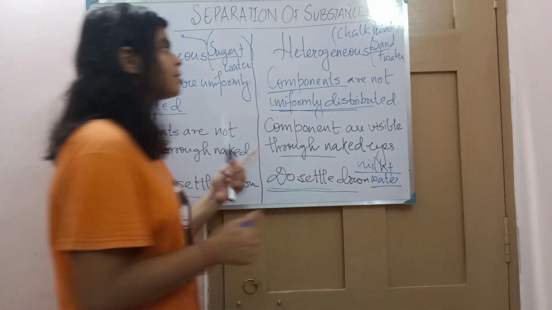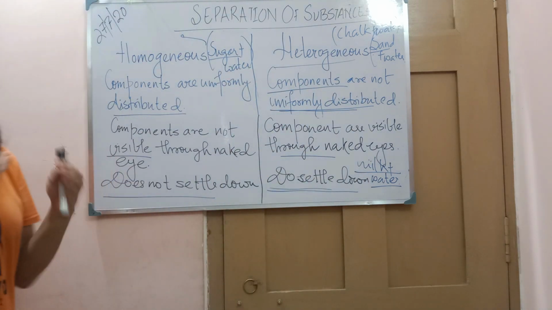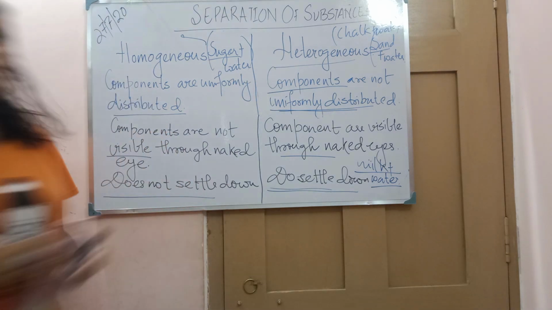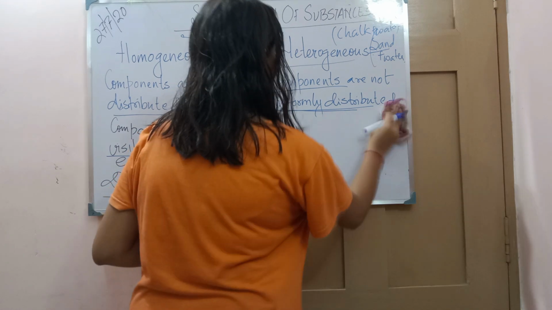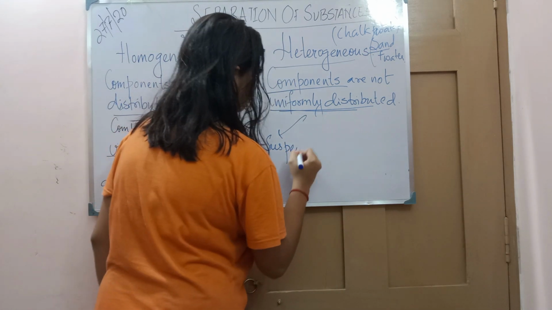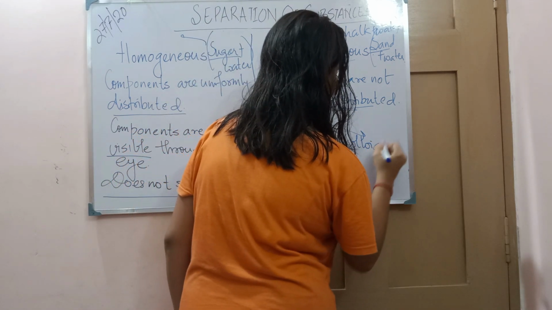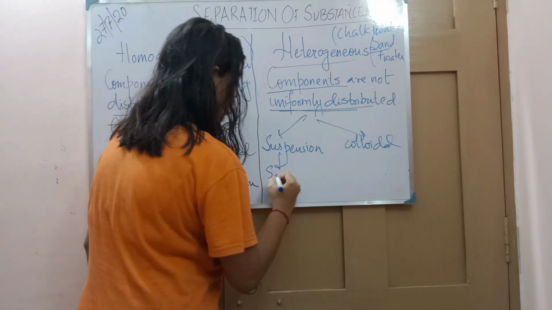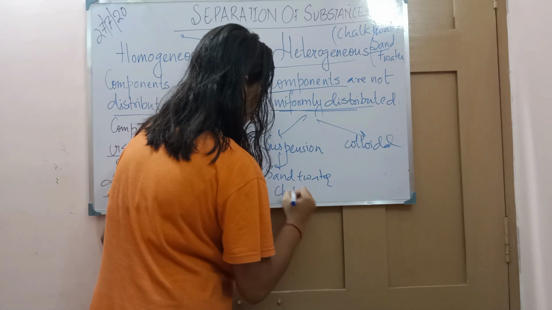But still it is considered a heterogeneous mixture, because in heterogeneous mixtures there are two types, that is suspension and colloidal. Under suspension, you can take the examples of sand plus water and chalk plus water.